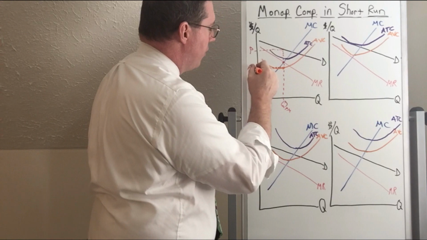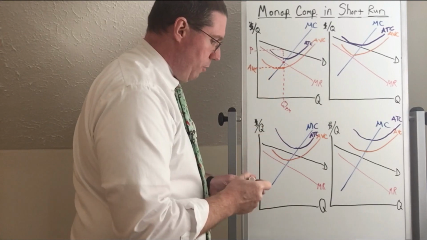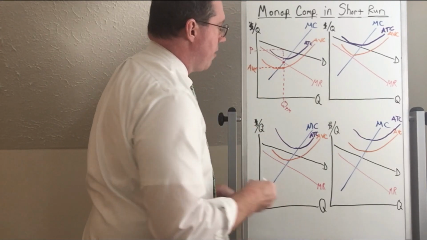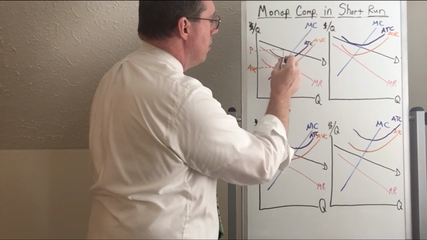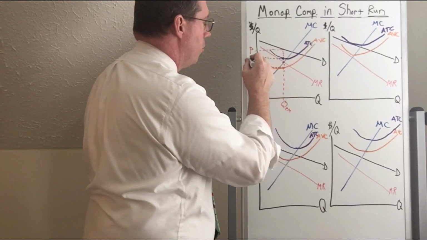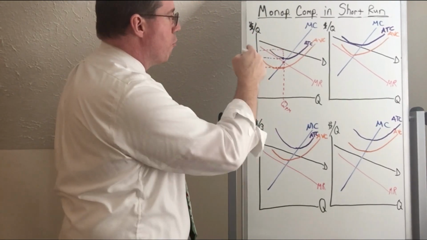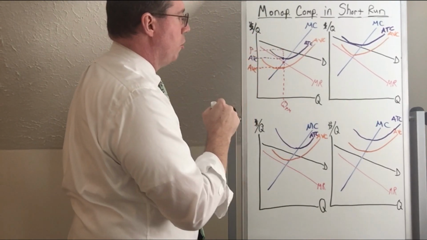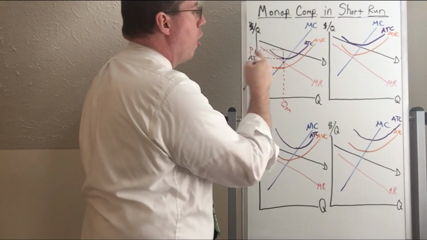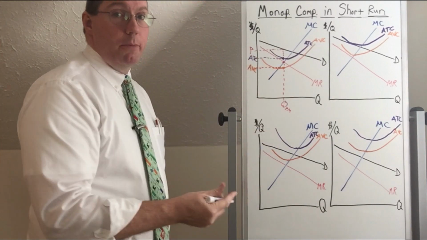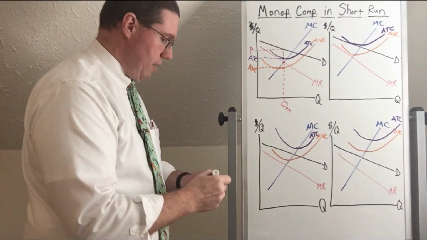That gives us our average variable cost. And then we take our average total cost at the purple line, which is right here. Average total cost. In this situation, you can see that price is larger than average total cost. And average total cost, of course, is larger than average variable cost because it always is.